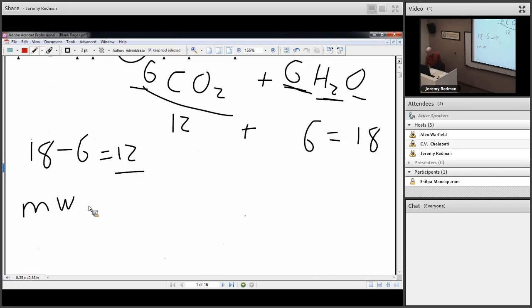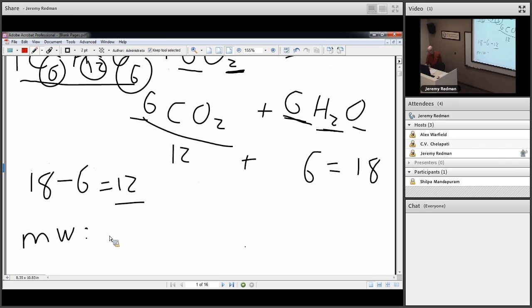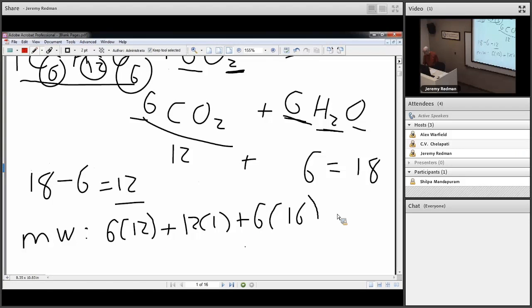And so the molecular weight of glucose, what is glucose? C6H12O6, so it's going to be 6 times the atomic weight of carbon, which is 12, plus 12 hydrogens, 12 times the atomic weight of hydrogen, which is 1, plus 6 times the atomic weight of oxygen. Oxygen weighs 16. Math, math, math.